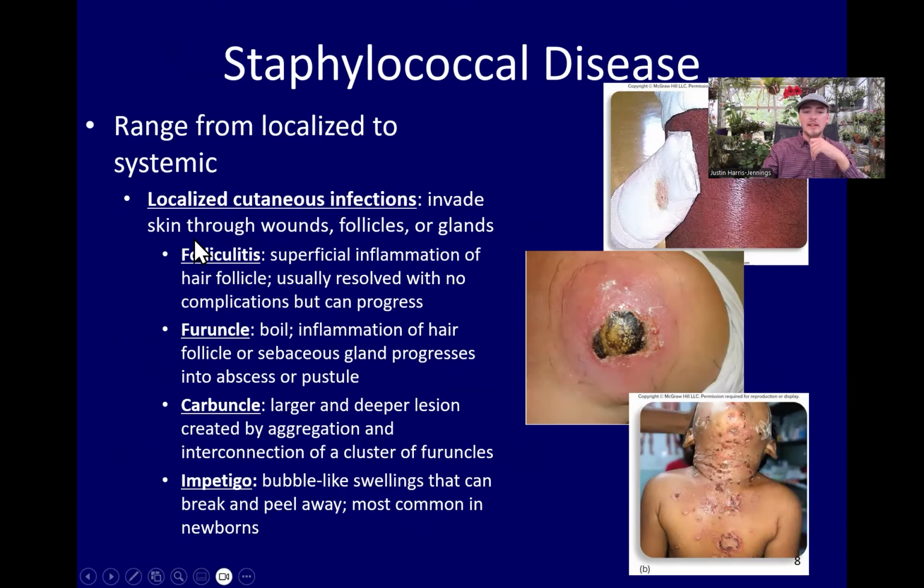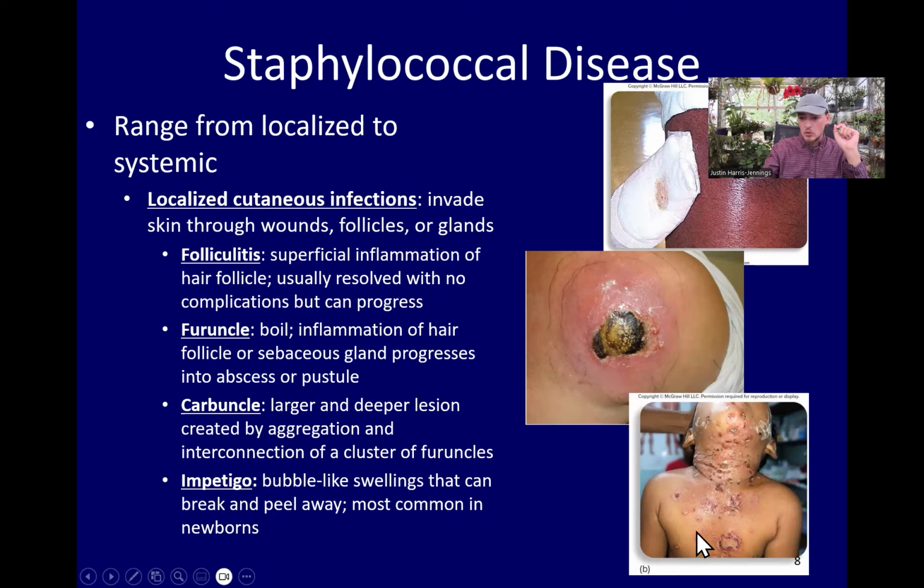And if that folliculitis doesn't resolve, it can be a furuncle. And if you have a lot of furuncles, they can be a carbuncle. And so furuncles are these infected hair follicles that seem to be a more chronic kind of situation. And when you have a lot of them together, they create these large masses of inflammation called a carbuncle.